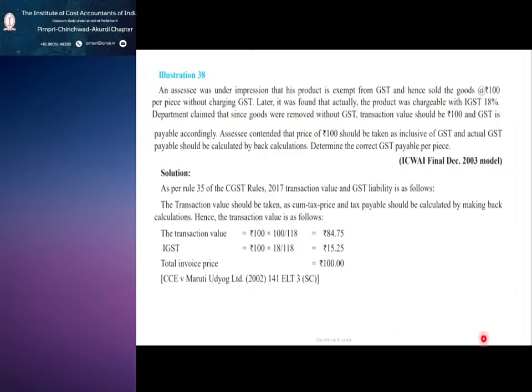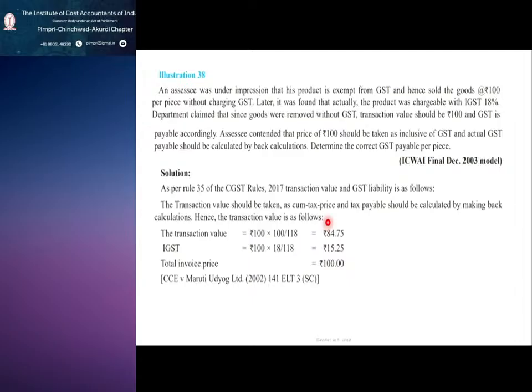So if you are selling these goods, you can see this particular example. An assessee was under the impression his product is exempt from GST. The goods were sold at 100 per piece without charging GST. It was found actually the product was chargeable with IGST 18%. Department claimed since goods were removed without GST, transaction value should be 100 and GST is payable. Determine the GST payable per piece.